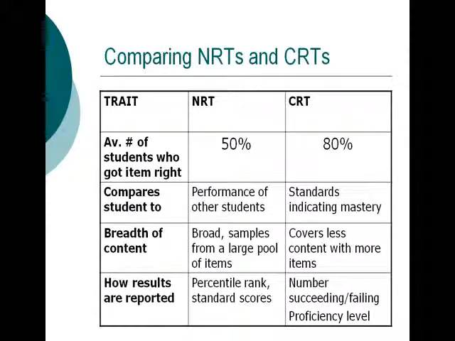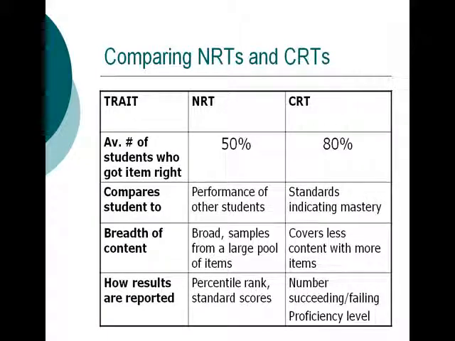If you get an item where, say, 90% of the kids get it right, it's not a very good item. It doesn't distinguish. You want one that separates the kids when you're doing a norm referenced test. So you get that bell curve. If you have a good test and if you give it to enough kids, you will get the bell.